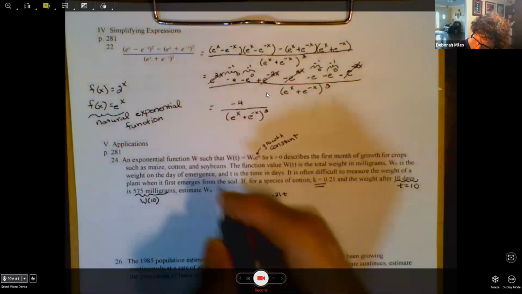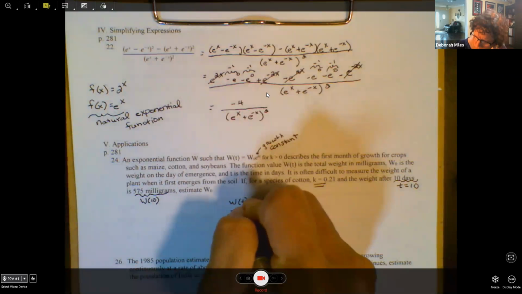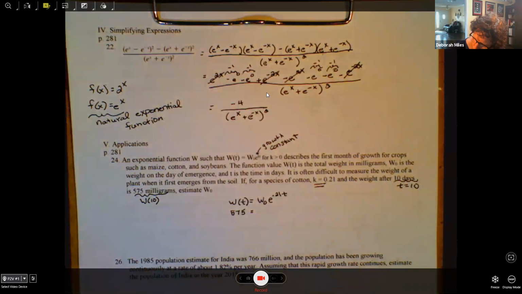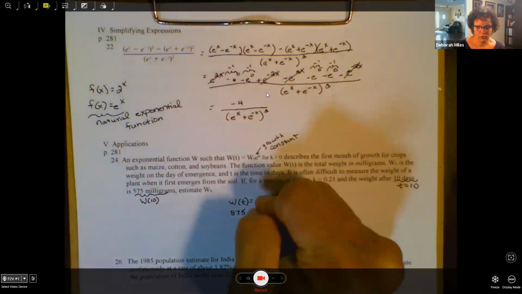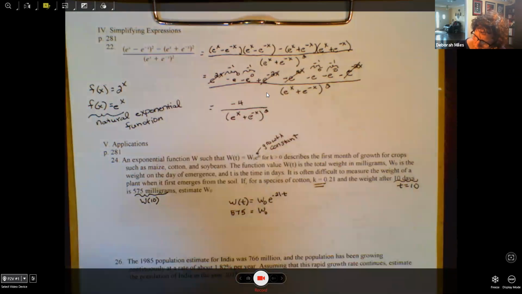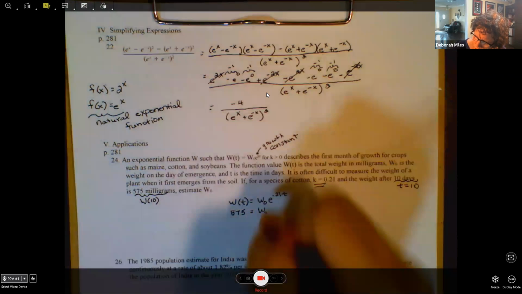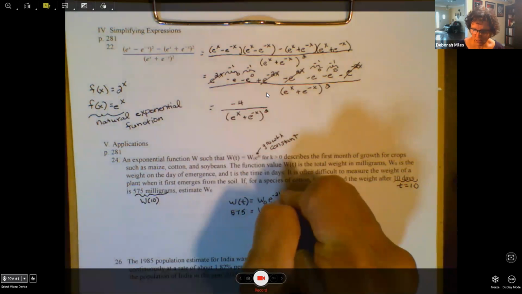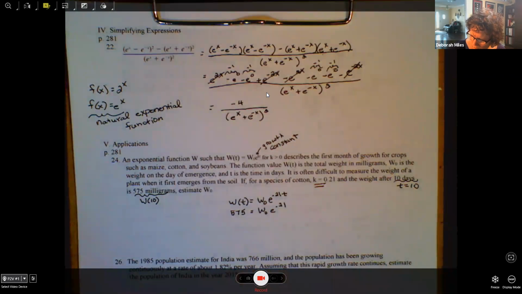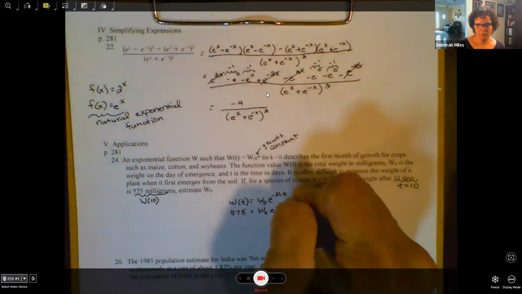So 575 milligrams is the original weight, which is what we're solving for, times e to the 0.21 times 10 days.